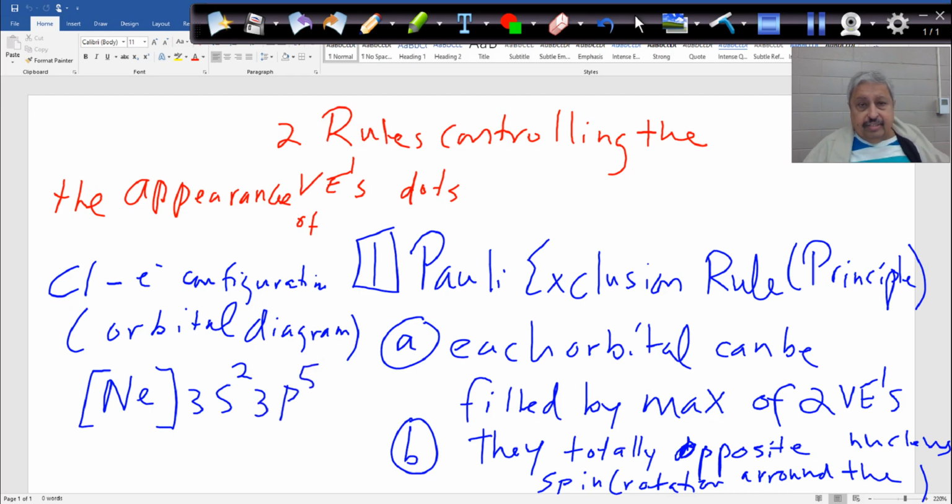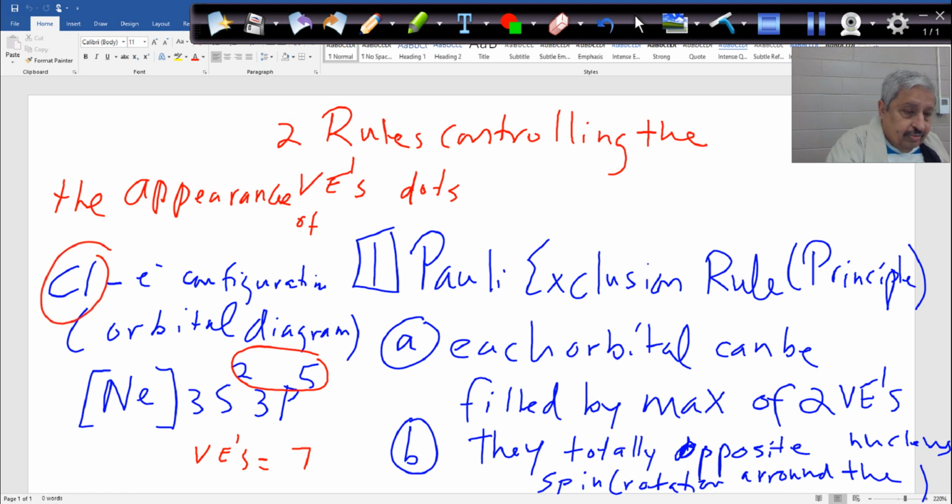The valence electrons have to be equal to the number of the group, which is 2 plus 5 is equal to 7, because this chlorine is what? Group 7A. So it should have 7, correct?